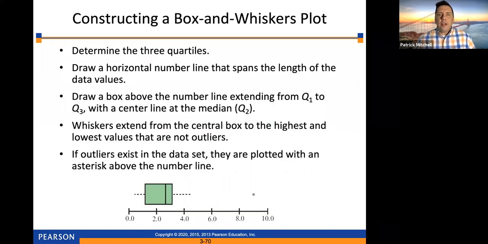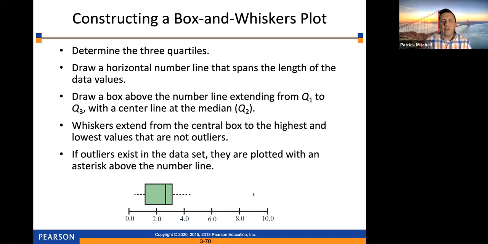All right, so here's how you construct a box and whisker plot. First, determine the 3 quartiles. Then draw a horizontal number line that spans the length of the data values. Next, draw a box above the number line extending from Q1 to Q3 with a center line at the median, also known as Q2.